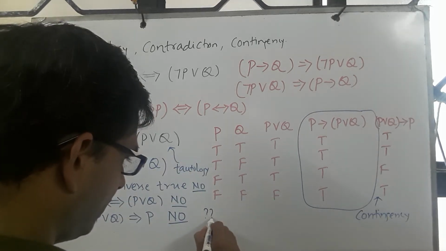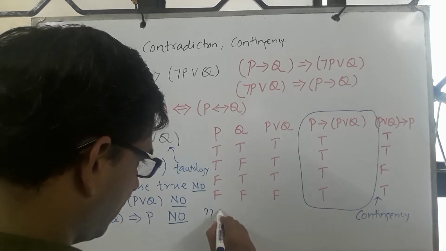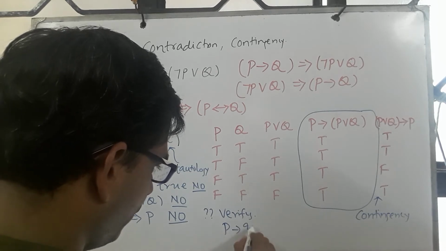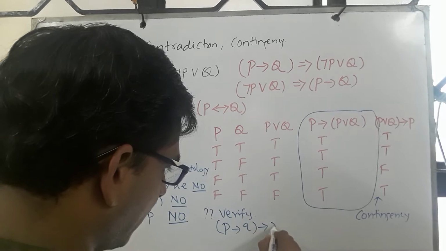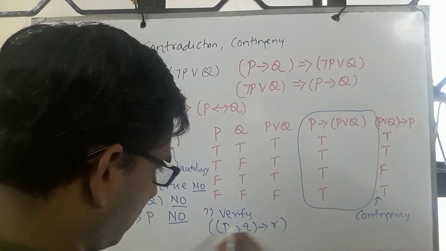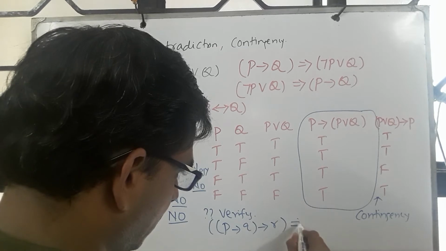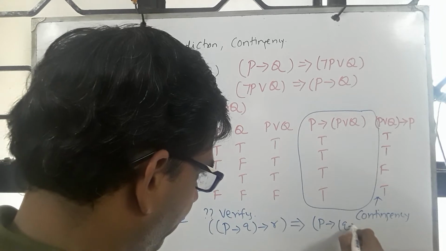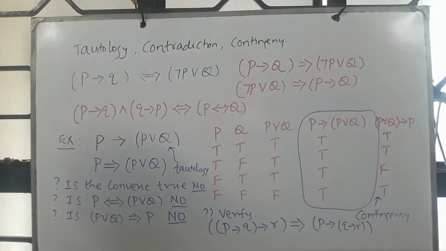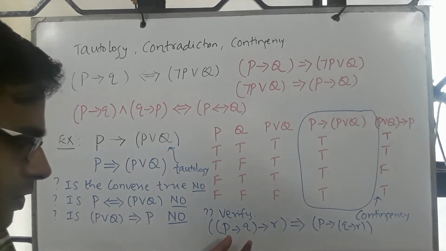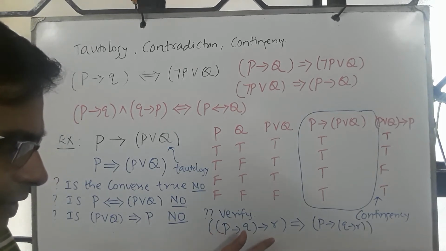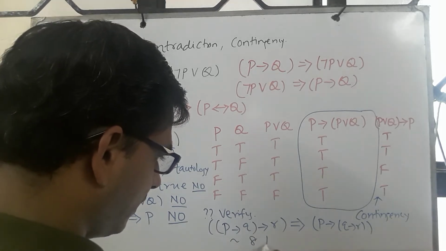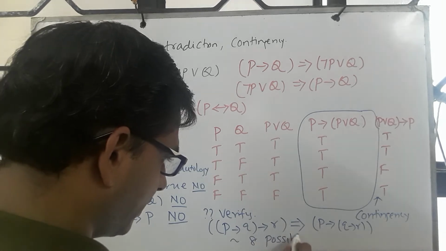So please verify whether P implies Q implies R implies P implies Q implies R. Suppose now there are three variables, which means 2 power 3, 8 possibilities will be there.